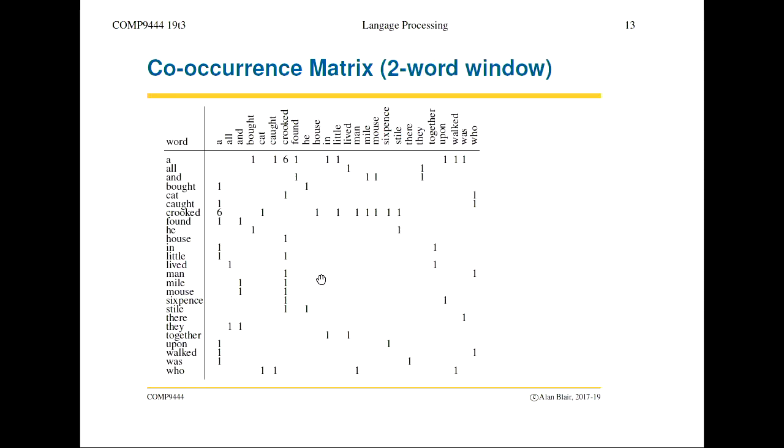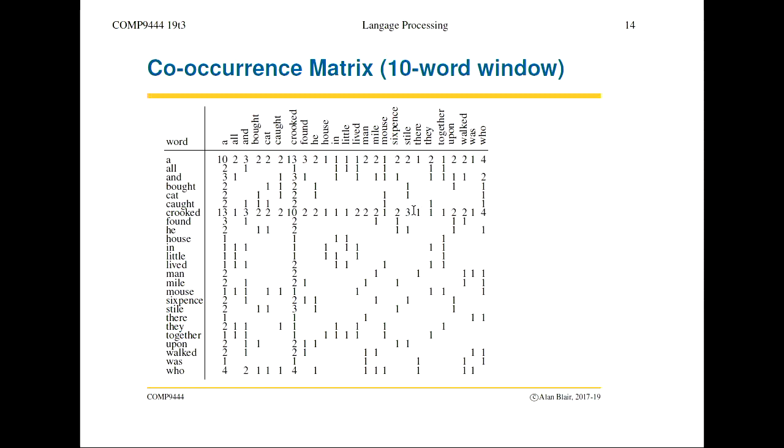This is what happens if we construct a 2-word window for that text, and you see we have a symmetric matrix because we're looking at words before and after. If we look at a 10-word window, we get a more filled-in matrix. So we're looking at the 5 preceding words, the 5 following words, and what combinations occur in those places.